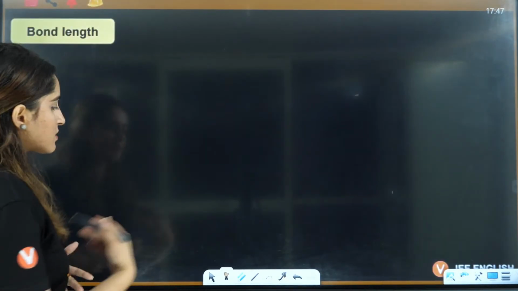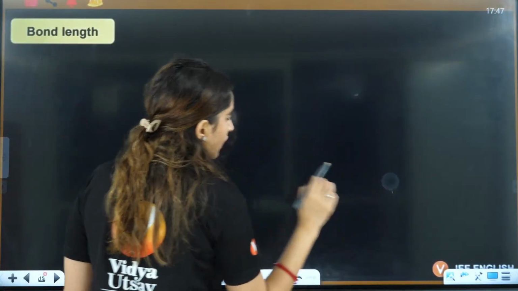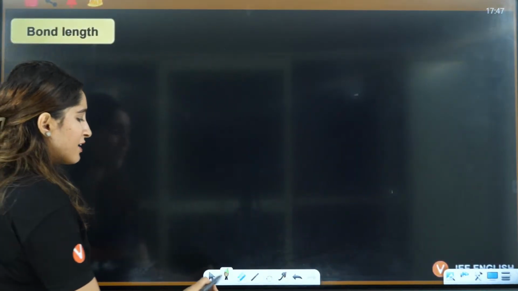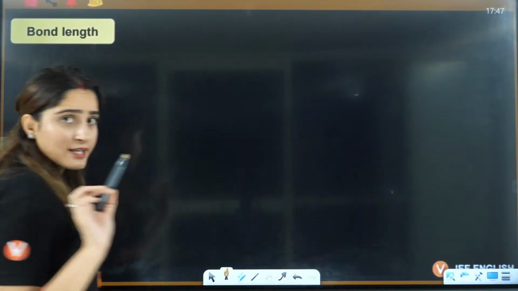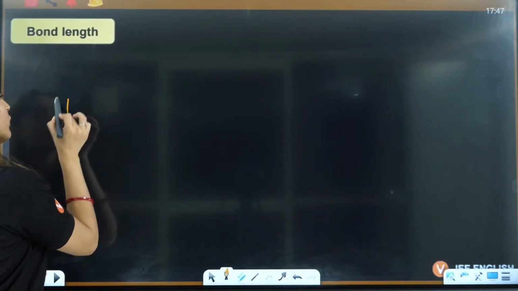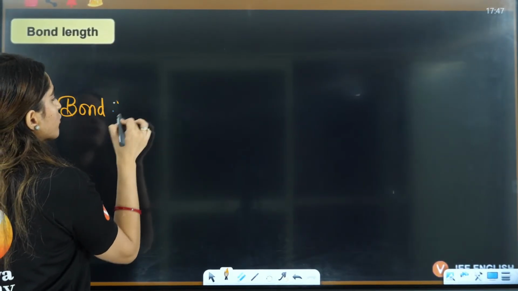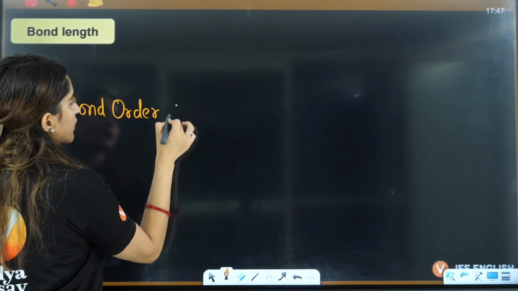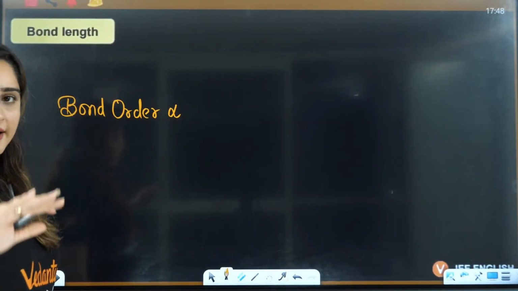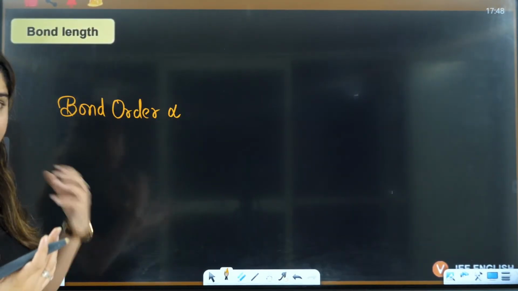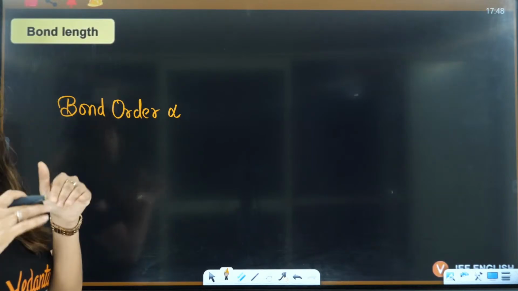Now let's discuss bond length, and how it is related to bond angle. I'll just give you proportionalities here. When you calculate the bond order, the more the bond order, the shorter the bond.